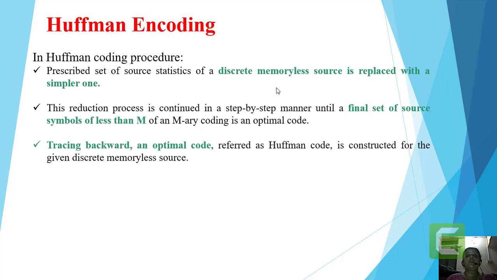This reduction process will continue step by step until the final set of source symbols is less than m of an m-ary coding, which will give the optimal code. Once this process is completed, we have to trace backward to find the optimal code, which is named the Huffman code. So now in detail we will go through the steps required for Huffman coding.